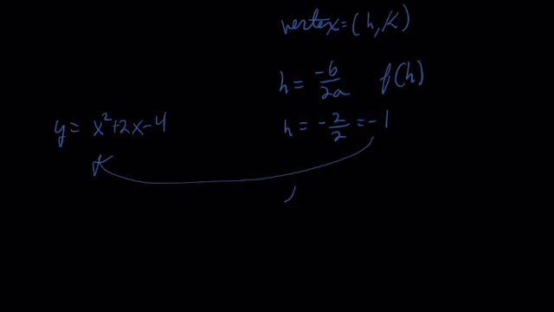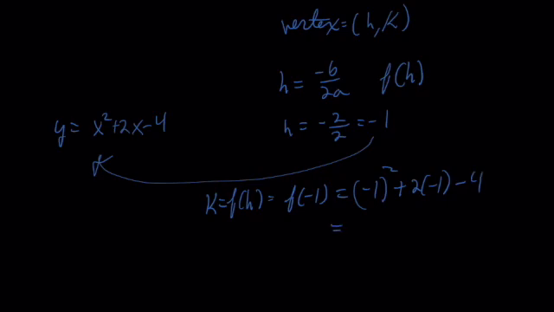So now I'm going to plug in negative 1 into our original equation. So f of negative 1, which is f of h, which is going to be our k, equals negative 1 squared plus 2 times negative 1 minus 4. That gives me a positive 1 minus 2 minus 4. 1 minus 6 is negative 5.